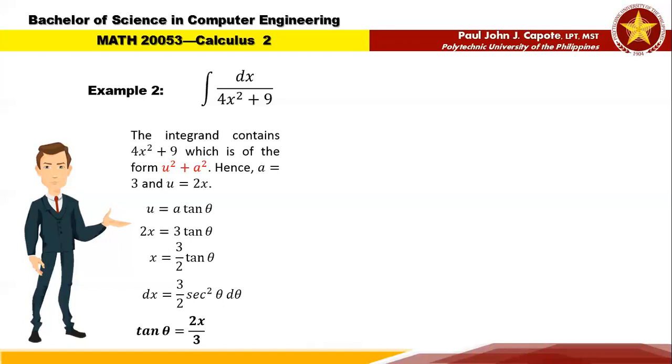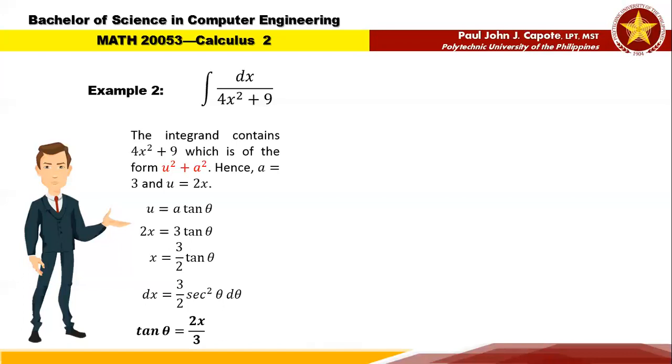Given that x is equal to 3/2 times tangent theta, we can solve for tangent theta by expressing it as a function of x. And so we have tangent theta is equal to 2x over 3.